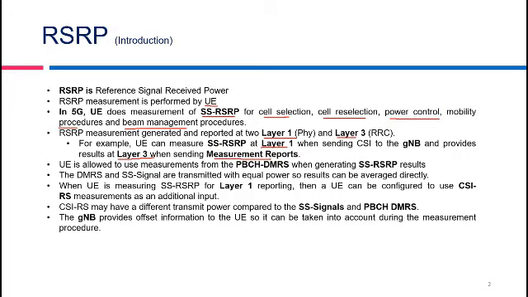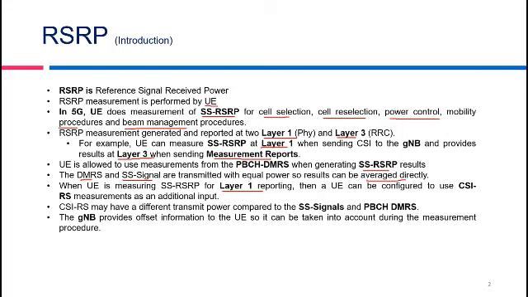In 5G, the UE is allowed to measure the PBCH DMRS to generate the SS-RSRP results. Here, the DMRS and the SS signals are transmitted with equal power so that they can be averaged directly. When the UE is measuring the SS-RSRP for layer 1 reporting, then the UE can be configured to use CSI-RS.